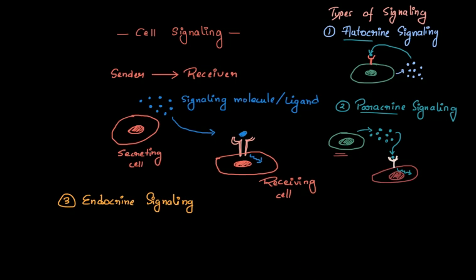In endocrine signaling, what happens is there's this cell, as usual, which is secreting the signaling molecule, and the cell which is receiving the signaling molecule is far off from the cell which is secreting it.